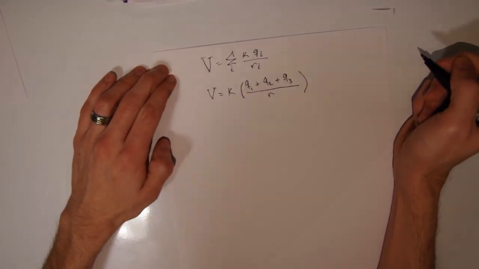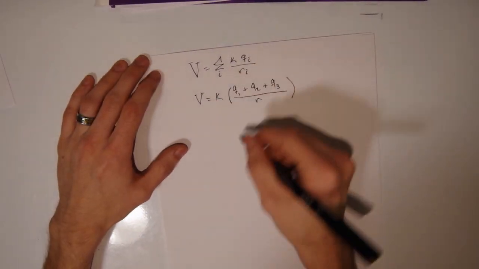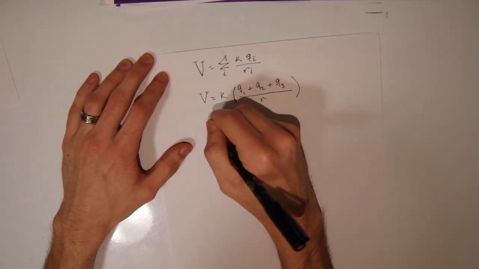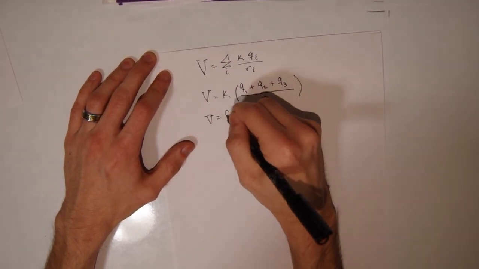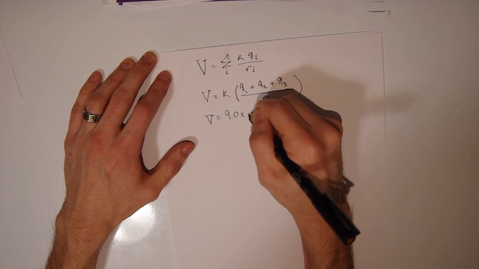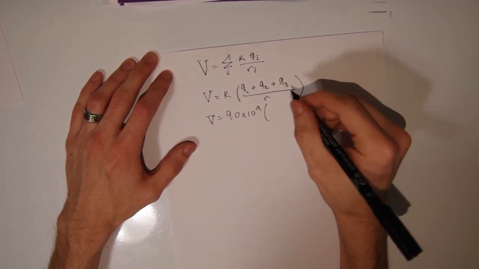Now we just plug in our numbers. V equals the Coulomb's law constant, which is 9.0 times 10 to the 9, times our charges.